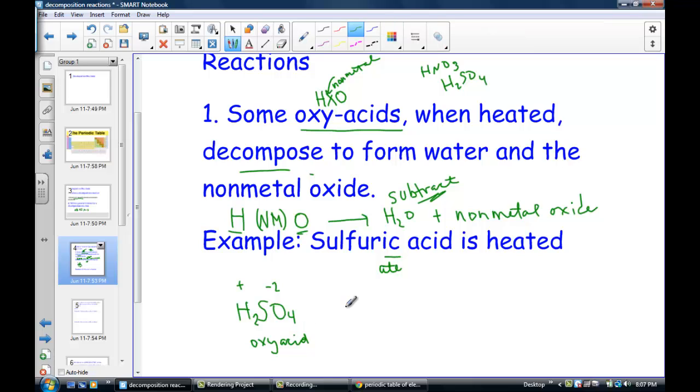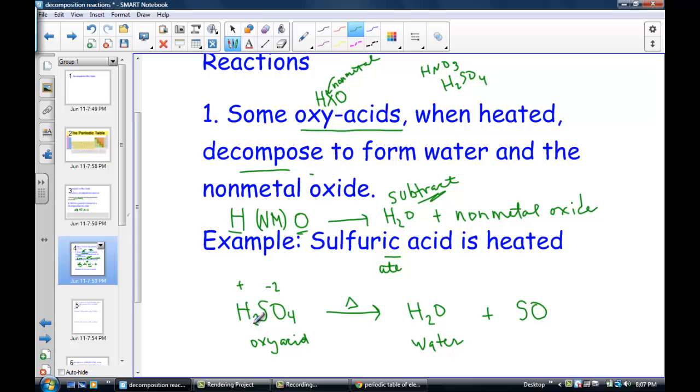And when oxyacids decompose, generally through heating, out comes a water molecule. I want us to subtract a water and see what's left, what's the remainder for the nonmetal oxide. So I've got S something, O something, where those somethings are going to be subscripts. Let's tally what we have.